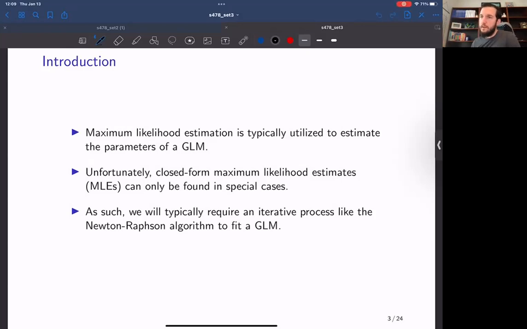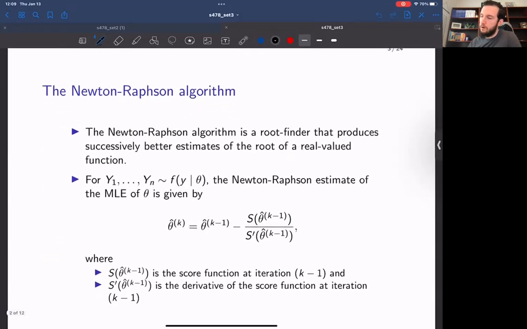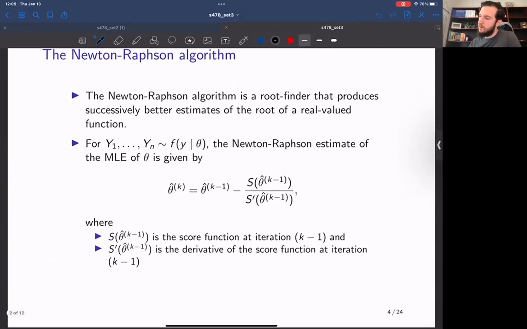One iterative process for finding MLEs that is pretty well known, popular and easy to implement is the Newton-Raphson algorithm. It's not the only type, there are others, but it's one type. Very briefly, the Newton-Raphson algorithm is a root finder. Given some real valued function that is maximized at a single point, Newton-Raphson is an approach that will essentially move you to that point.